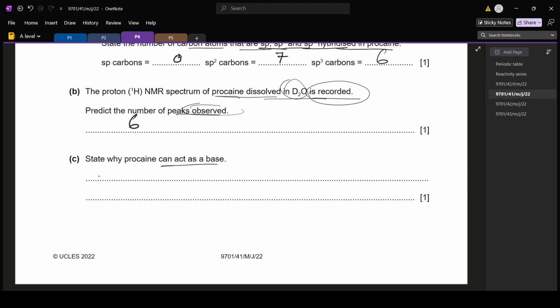So you can write: lone pair on nitrogen can accept a proton.